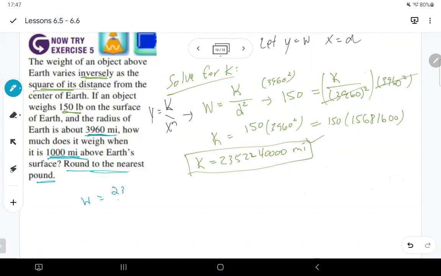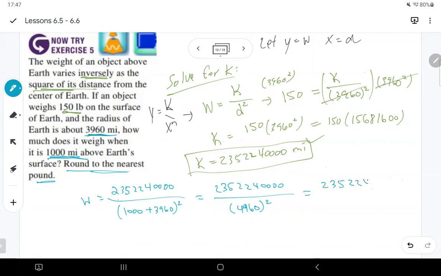So rewrite your k. And you want to round to the nearest pound.